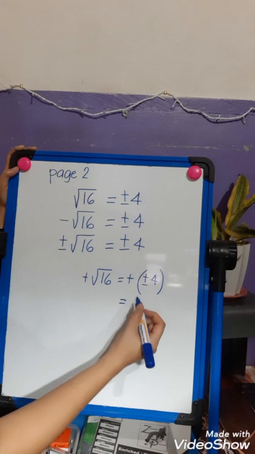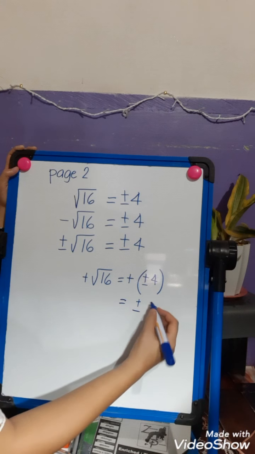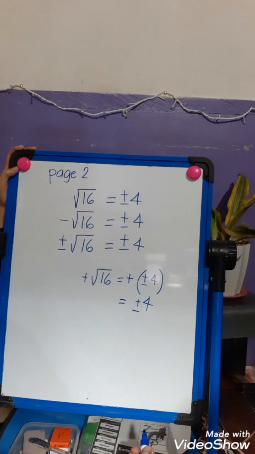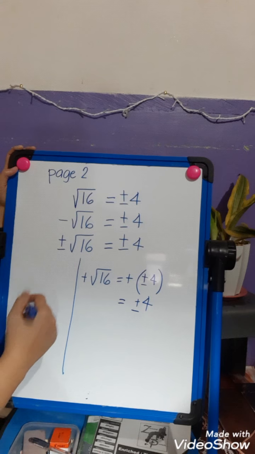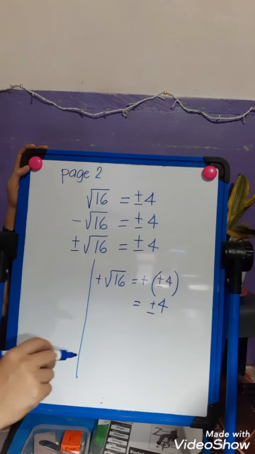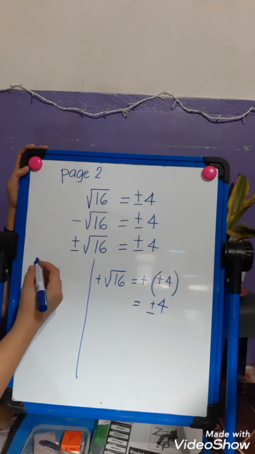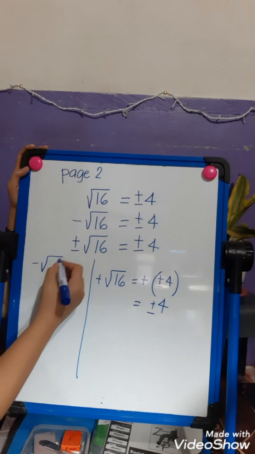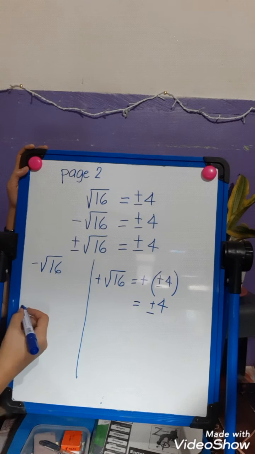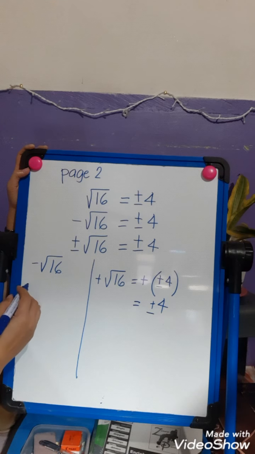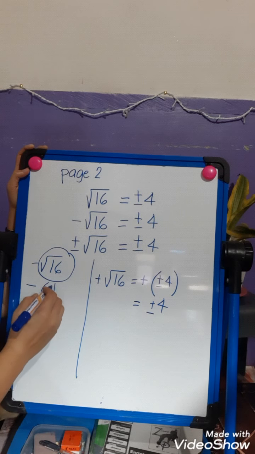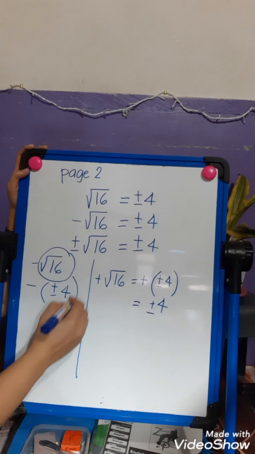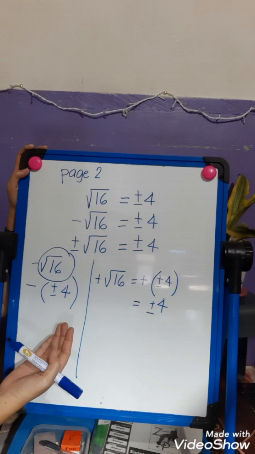Positive times negative, it's negative 4. The same is true for the negative square root of 16. So, meaning to say, you have the negative, and the value of the square root of 16, right, is positive and negative 4 based on our previous discussion.